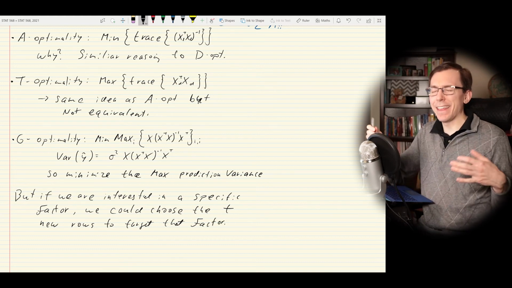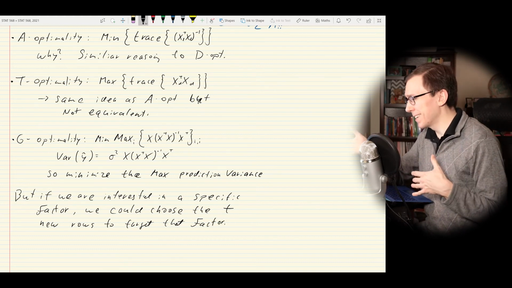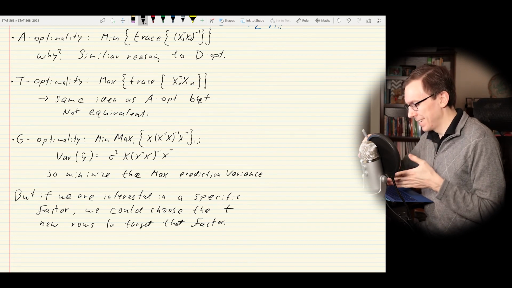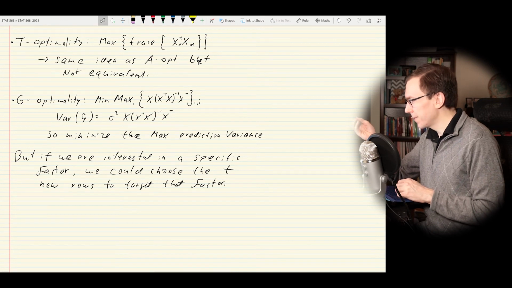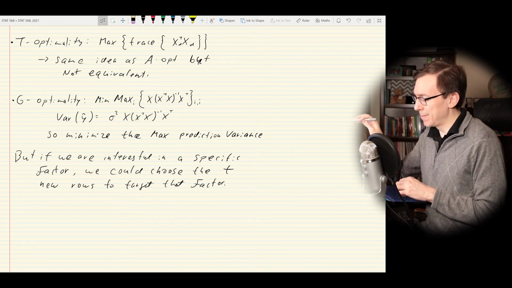If I find that 1 looks like it might be significant, then maybe I should target that specific factor with my follow-up data points. So then the question is, how do we do that? And we're going to do that now.